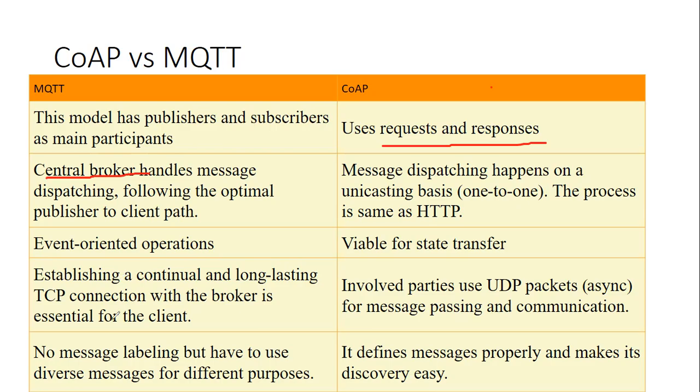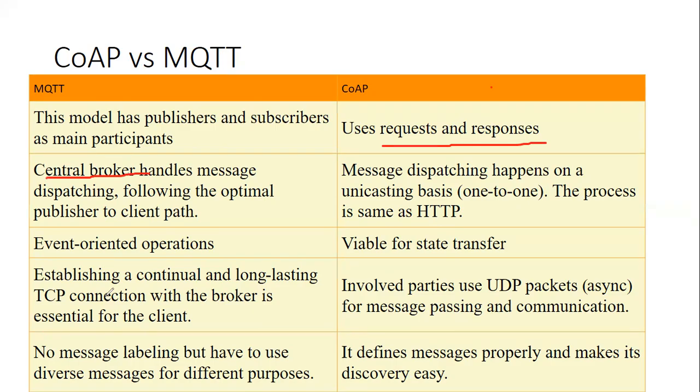And in case of MQTT, here the TCP connection is long lasting and continues with the broker if it is essential for the client. Whereas in CoAP, there is use of UDP packets for message passing and communication.